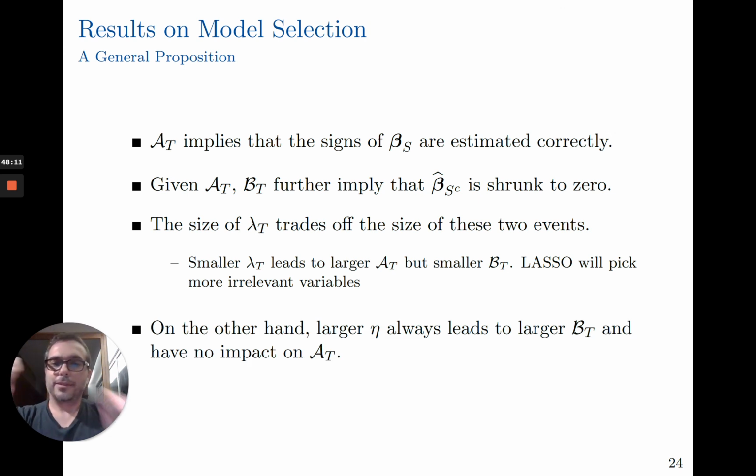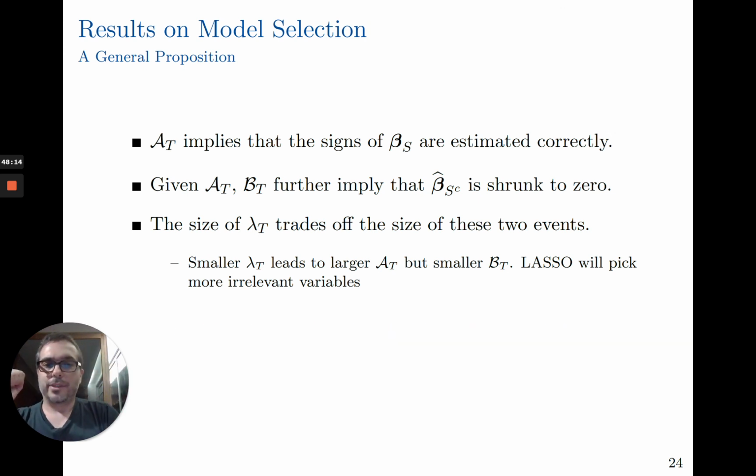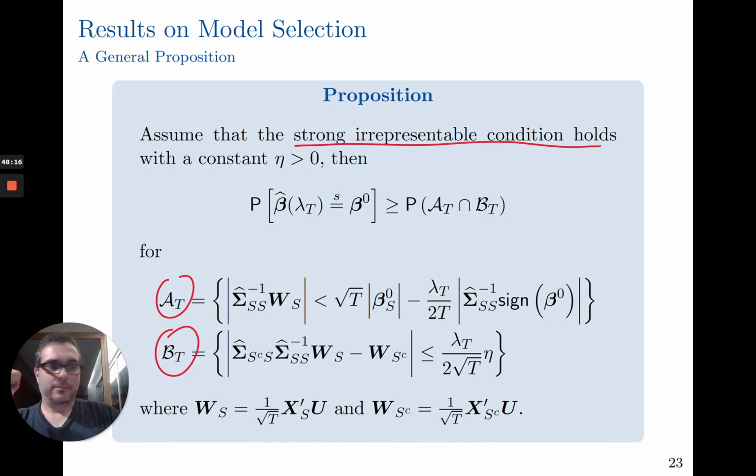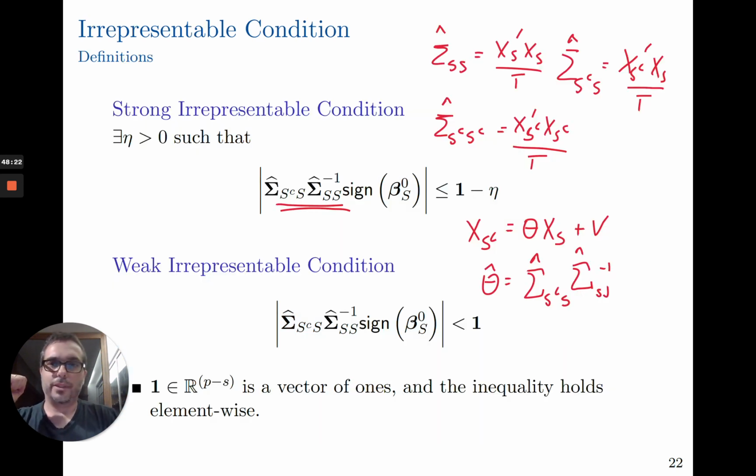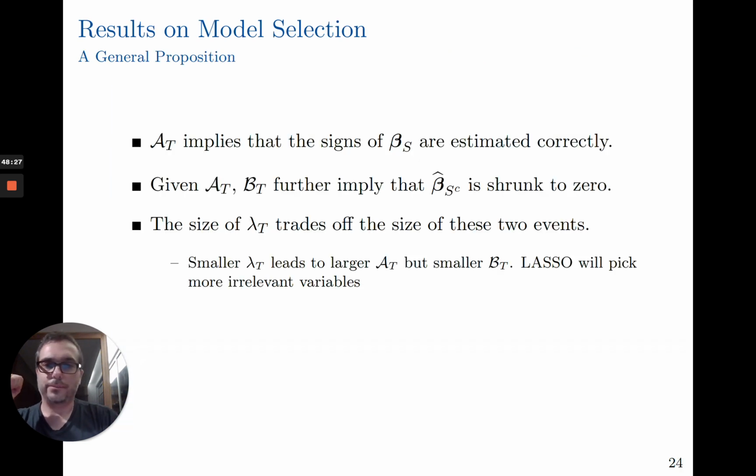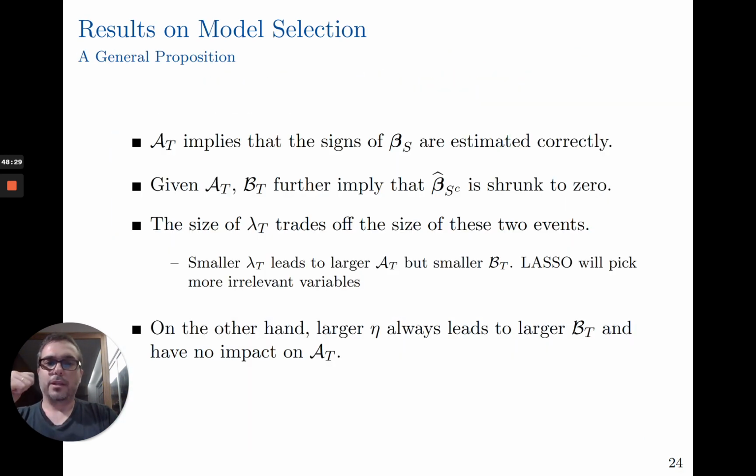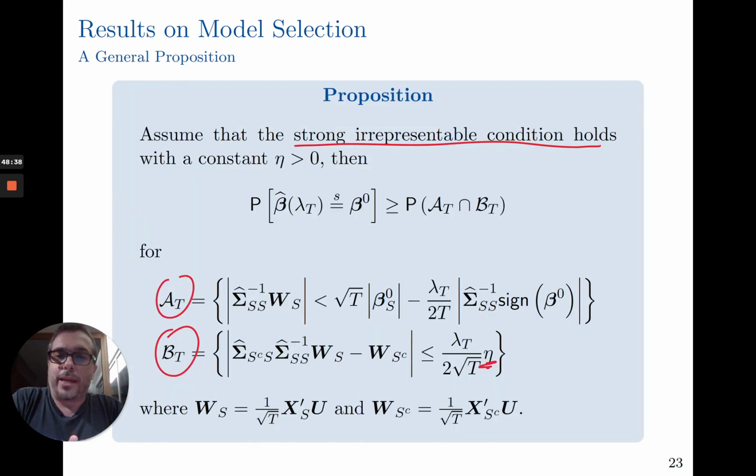On the other hand, the eta parameter that we have here, which is related to the strong irrepresentable condition, okay? It will lead to larger B and have no impact on A. So there's this trade-off. Okay, so that is under which conditions we can make this probability large enough. Okay?